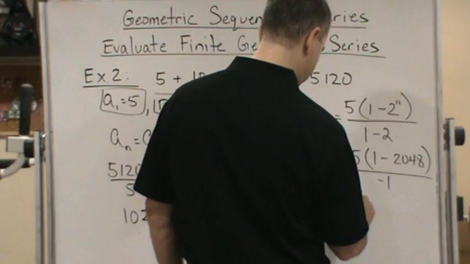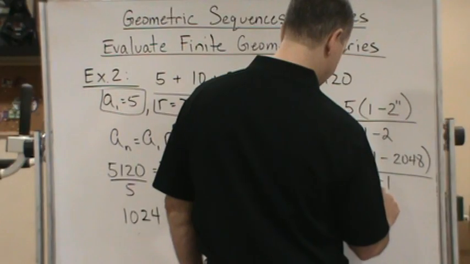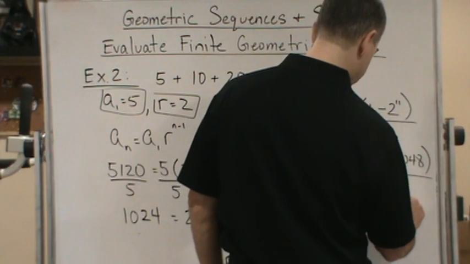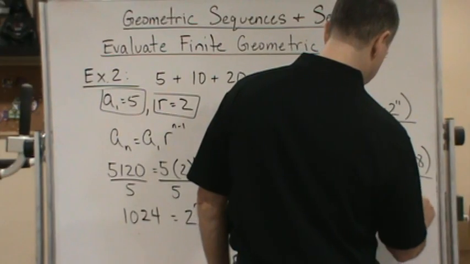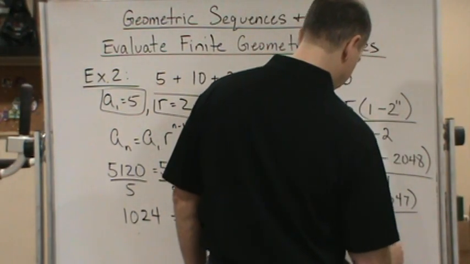And so this is going to equal 5 times negative 2047 over negative 1.